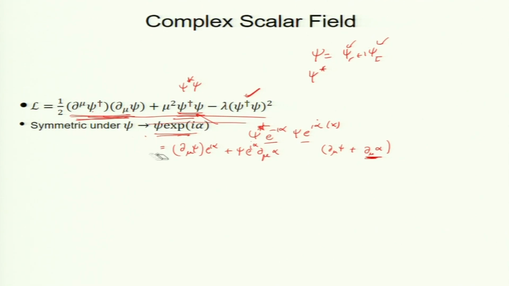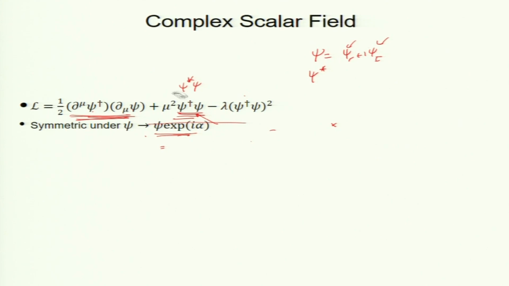Let us take this Lagrangian, which is a rewording of the last example, a change of variable. Here it is psi dagger psi and psi dagger psi squared.